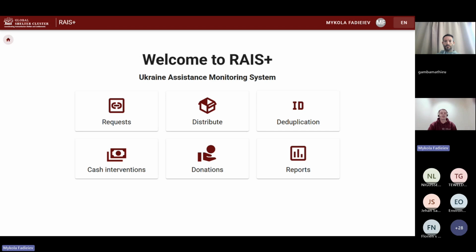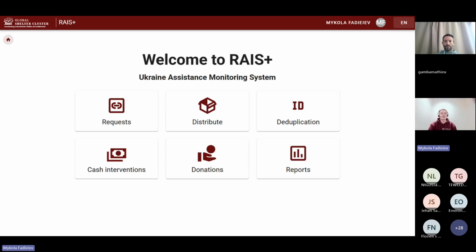This system allows partners to deduplicate different modalities of assistance, like in-kind, voucher, or cash. It allows deduplication of different related activities, such as distribution of solid fuel or winter cash for utilities, from one cluster objective. Moreover, it allows partners to deduplicate activities from different cluster objectives, such as standard NFI activities with winter NFI activities.